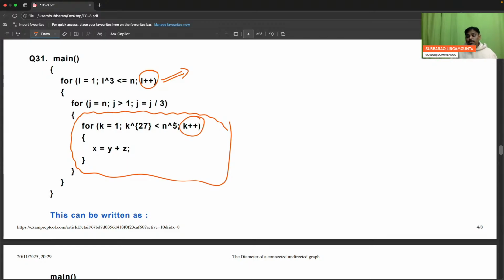Wherever power is there, please don't go. i is always incrementing by 1, it's not incrementing i power something. i is always plus 1, plus 1, plus 1. j is always decrementing by 3. See, j started with a big number, always it is divided by 3. If you always divide by 3, you know very well, log n base 3.